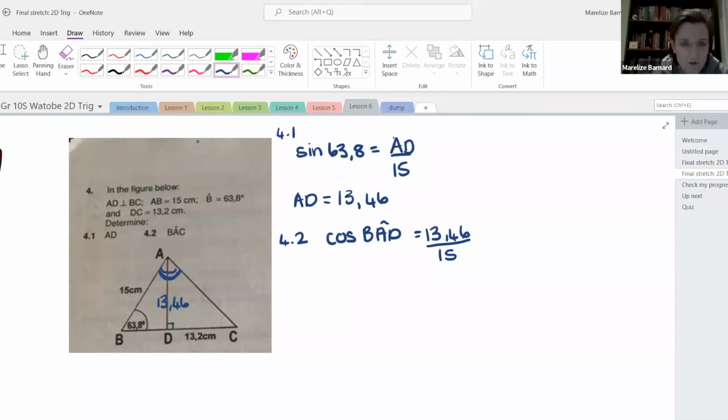So shift cos 13.46 over 15. And then I get 26,19 degrees. Amahle, you must just round to 2 decimal places, okay? So that's BAD.